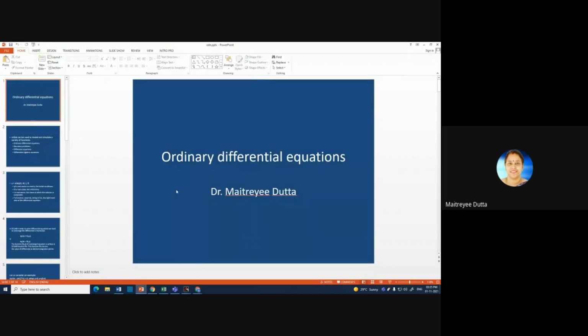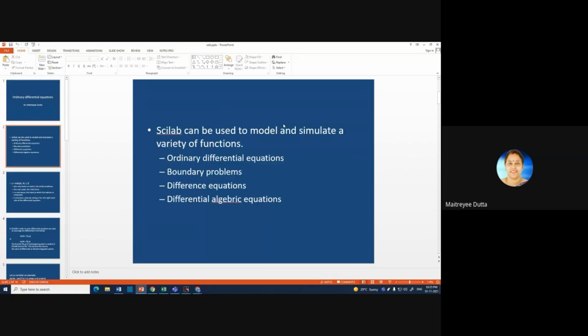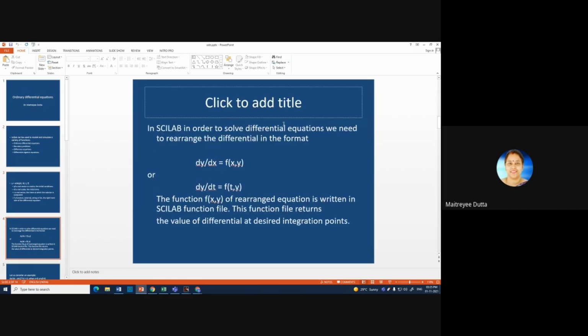So now a small session, just 10 minutes, on the ordinary differential equation. This is known as ODE, ordinary differential equation. That means how to find the solution of an ODE. To find the solution of any ordinary differential equation, we need the equation and the boundary problems.